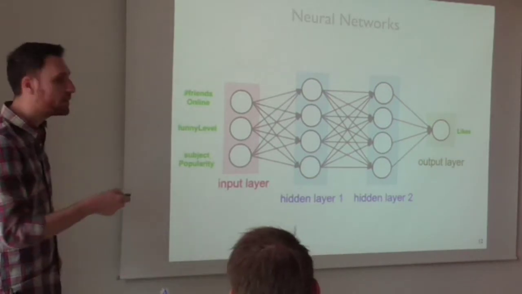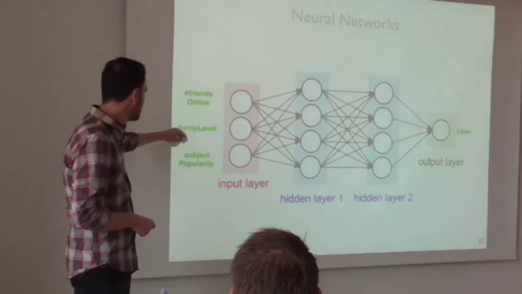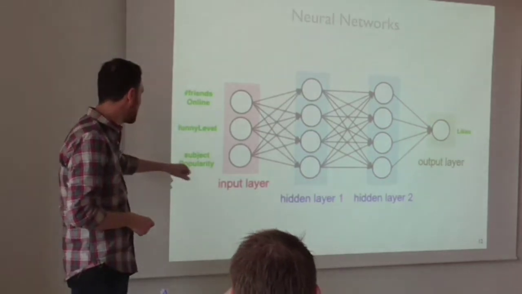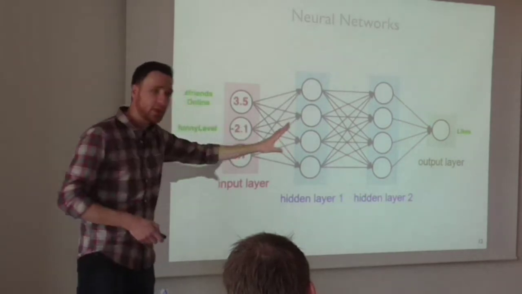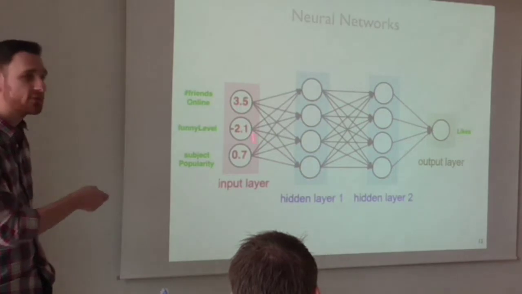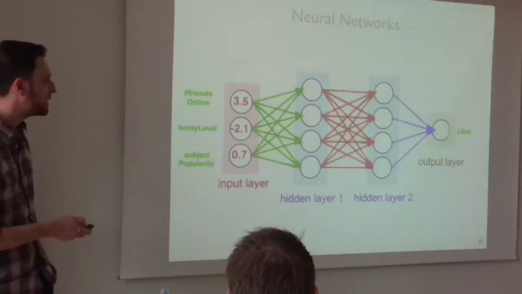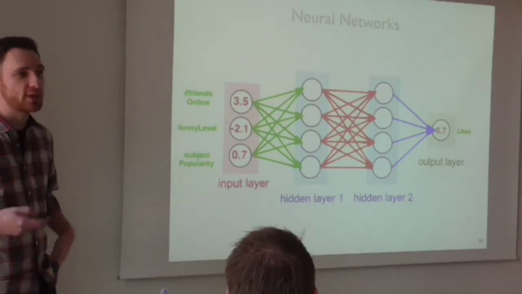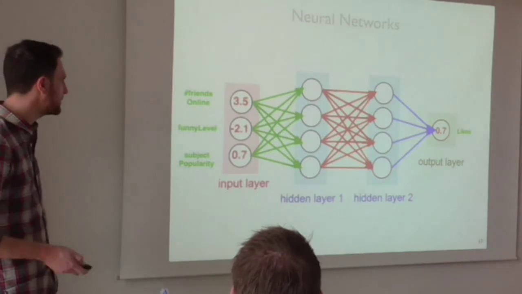You could train a neural net to take as input, for example, how many friends were online, the funny level, and how popular you think the subject is. Essentially each one of these is a number. You propagate things forward in the network. So you measure these things for a few posts, and you propagate this forward, and at the end you get a number, which is a prediction. Like 0.7 likes, right?